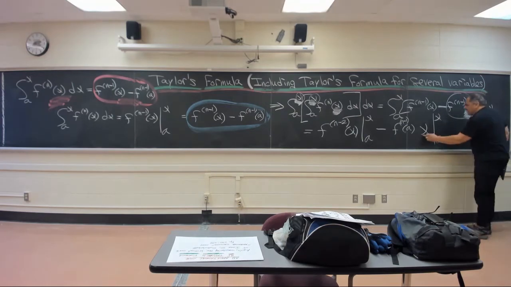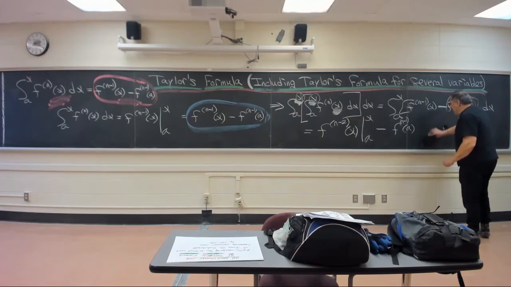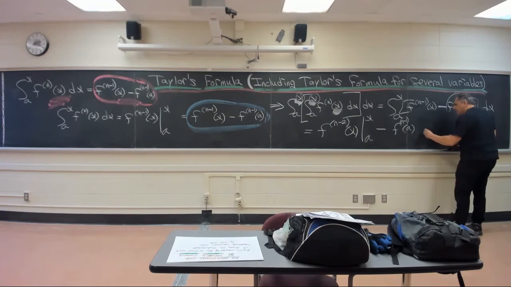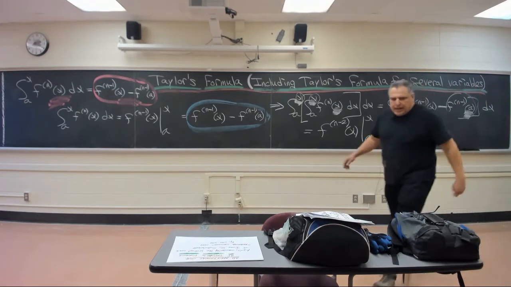Well, that's an x right here times that, minus an a put right there times that. So at the end of the day, you're getting the x minus a in here. That's how this business is going to proceed, you guys.